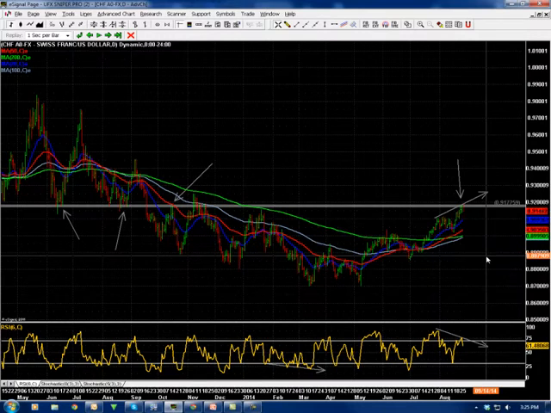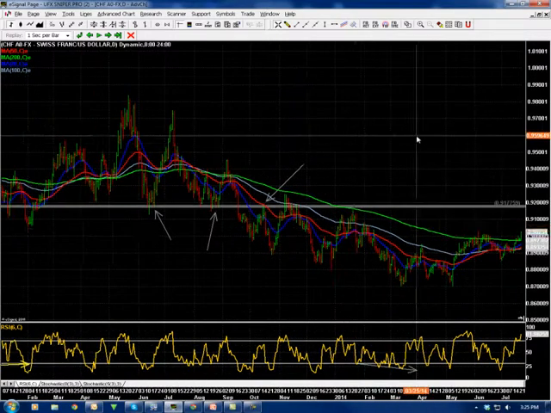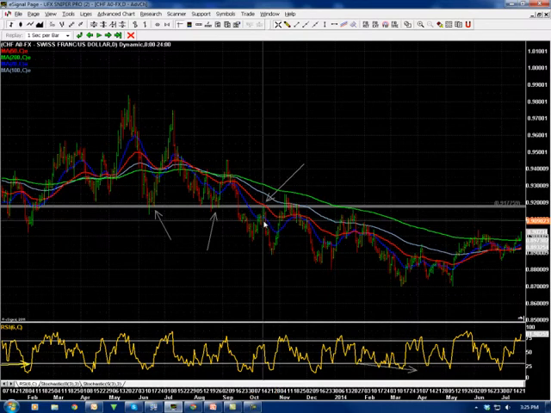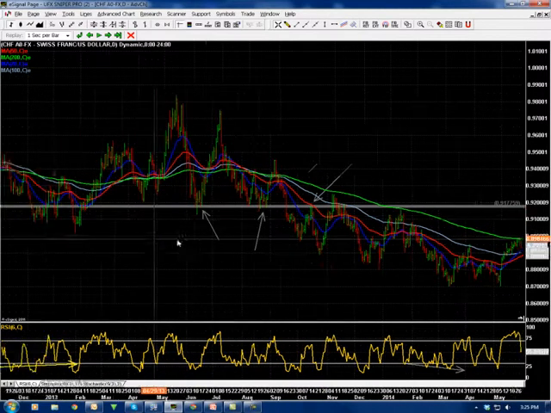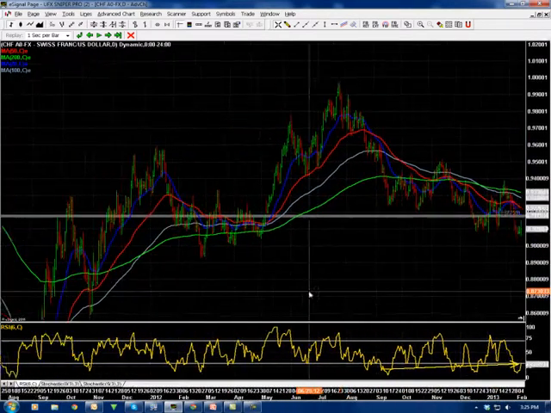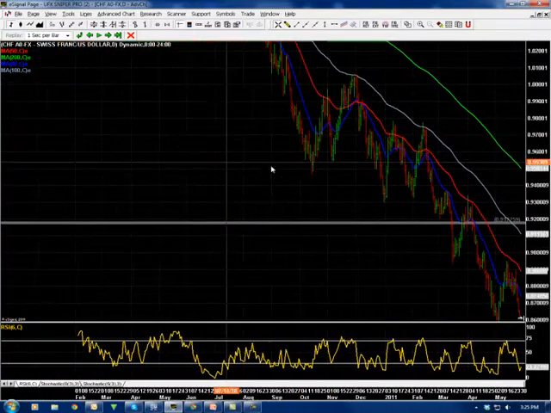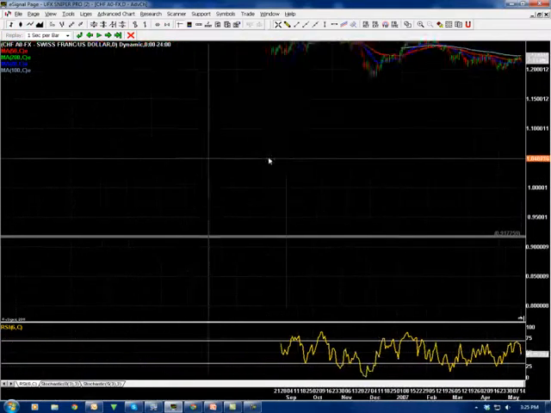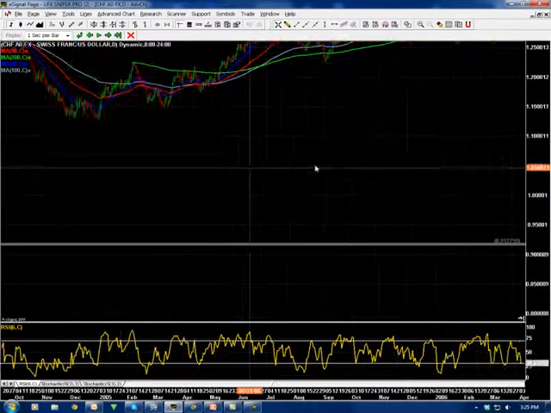And it's giving divergence here. And that is a level of resistance, support, support. And that's it, I think. A bit further back, nothing there.